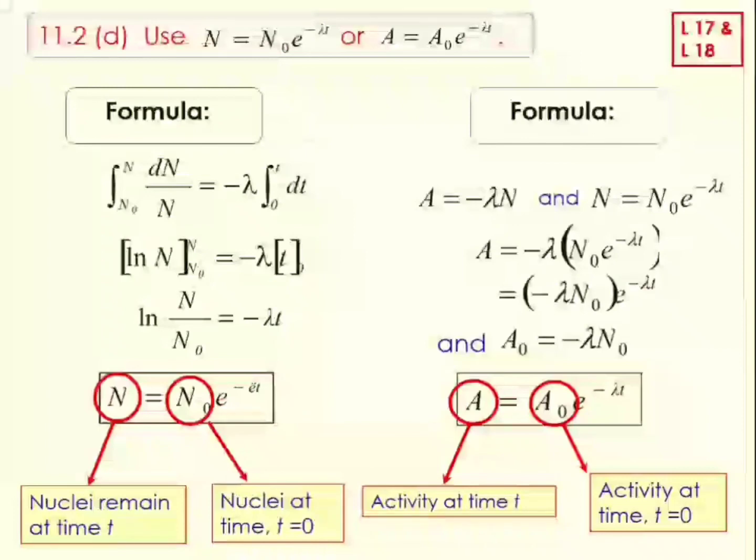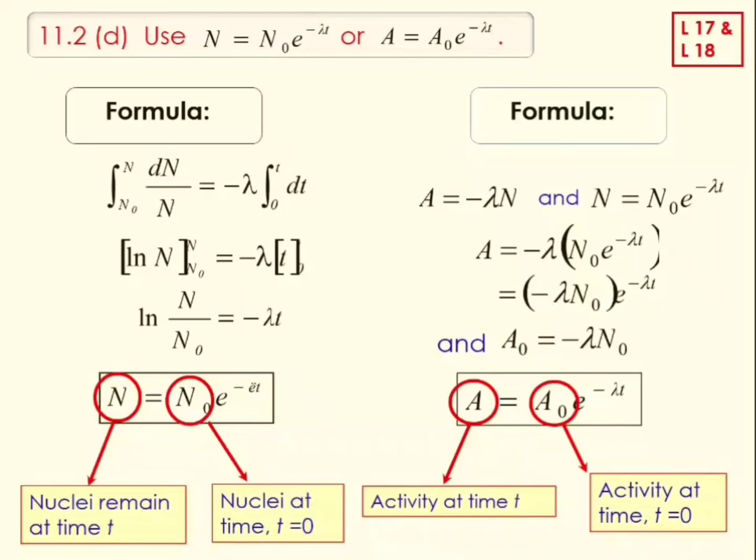We also have the equation for A, which stands for the activity. We integrate: integrate dN over N equal to negative lambda integrate dt. So we integrate both sides, and we get ln N over N naught equal to negative lambda t.